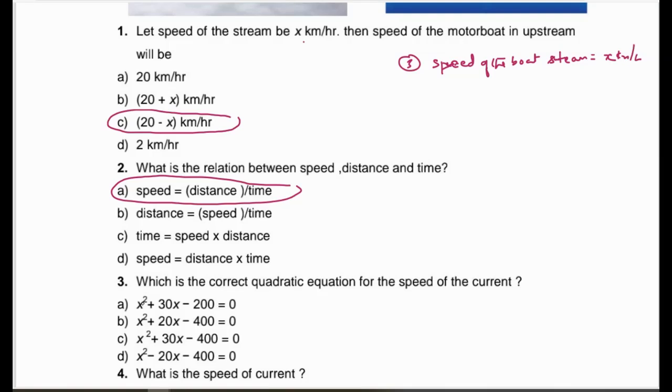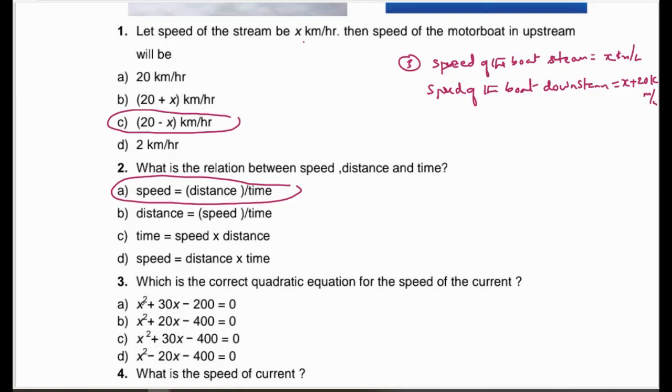So the speed of the boat downstream will be x plus 20 kilometer per hour.